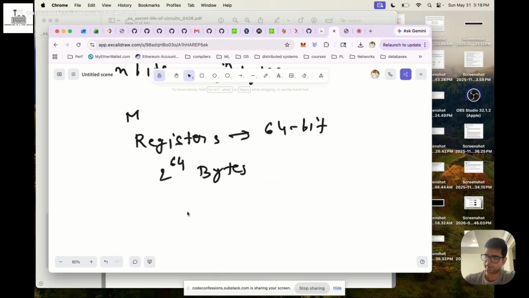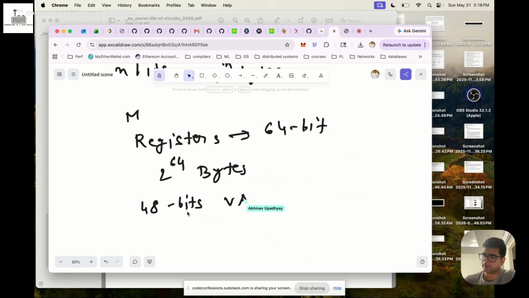They said that until we have computers which can actually have 2 to the power 64 bytes of physical RAM, the virtual address can be 48 bits wide.